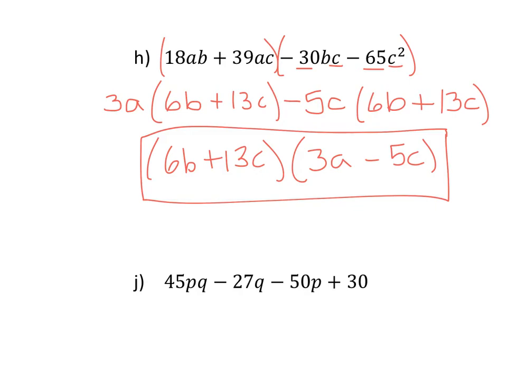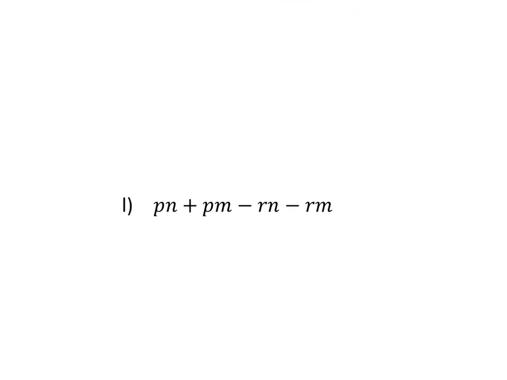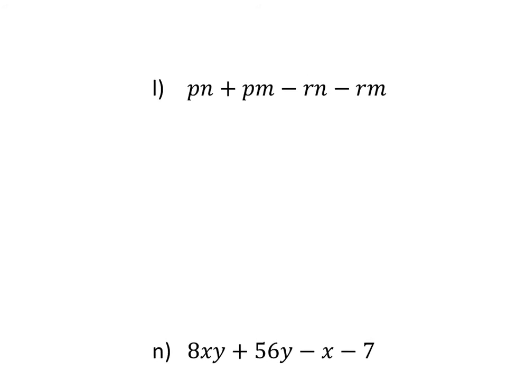Let's take a look at L. Okay, group your first two and last two terms. The first grouping has a p in common, left with n plus m. The second grouping, I know I have to pull out a negative something because, again, my common binomial here is positive, positive.